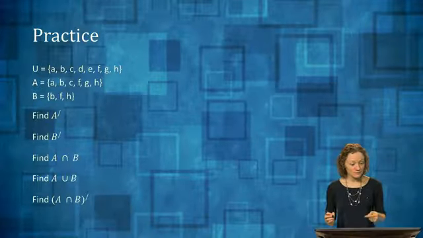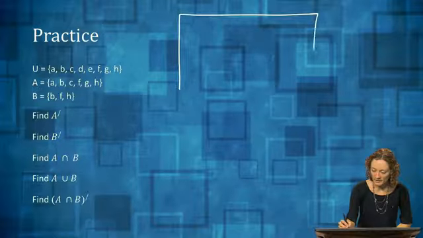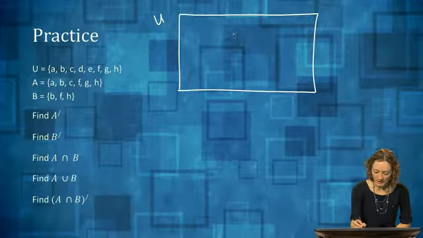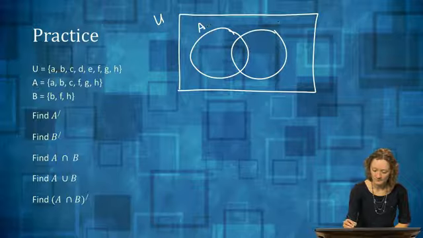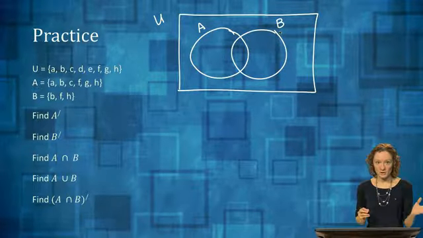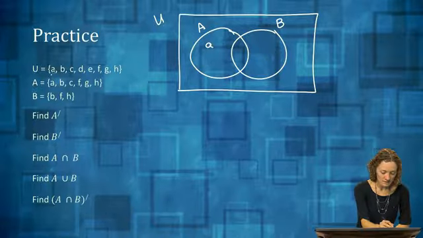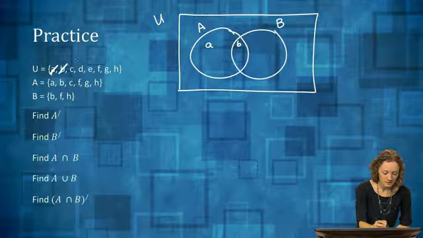All right, so let's see if we're on the same page. So we have the universe, and all items from the universe have to be placed inside this picture. In this universe, we have set A and we have set B. We have to place all items from the universe inside here. So first A looks like it is in only A. Then B looks like it's in both, so in the overlap.